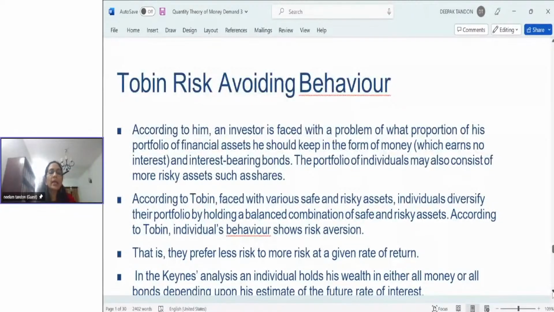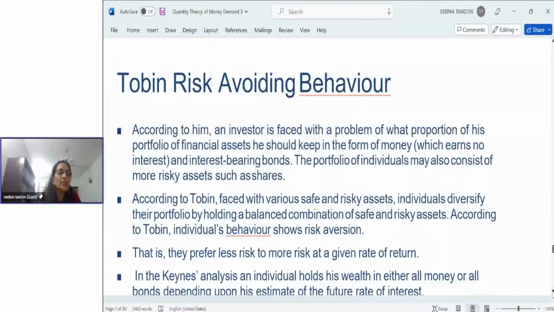Tobin said that the investor is faced with a problem. As an investor, what is the biggest problem you feel when you want to invest in the market? What proportion of my portfolio of financial assets should be kept in the form of money, which will give me no interest, and others which should derive me interest-bearing bonds?